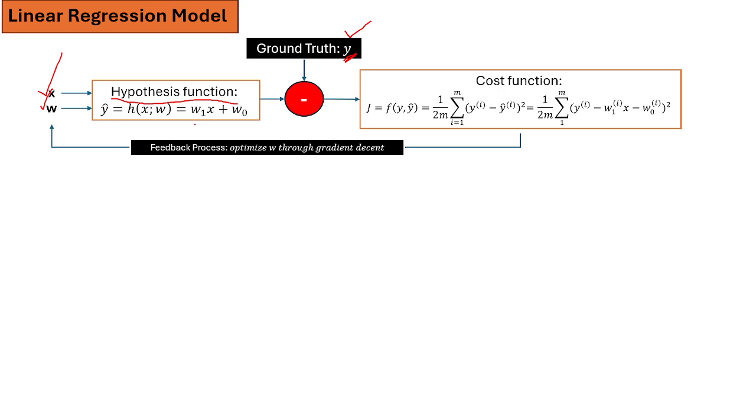What the algorithm eventually provides us is an improved value of these parameters, which are represented by W. We don't have to provide the exact value.